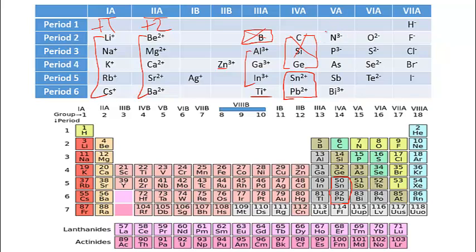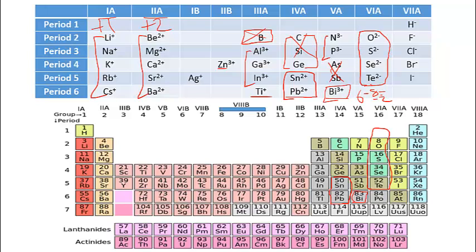Nitrogen and phosphorus, part of group 5A, tend to form 3- anions. Arsenic and antimony don't tend to form anions at all. Bismuth, all the way down at the bottom, is a metal, and it forms a 3+ cation. All of the nonmetals and the metalloids in group 6A form ions equal to their group number 6 minus 8, which is -2.